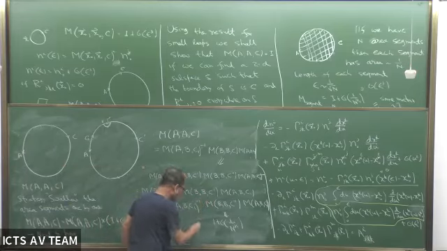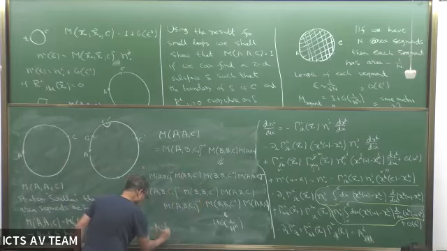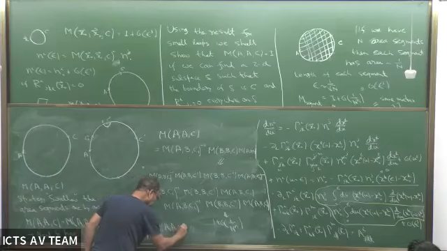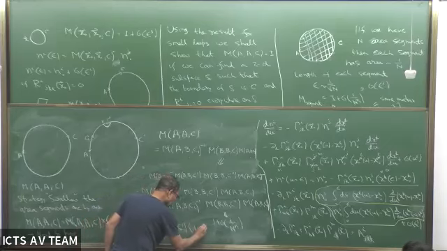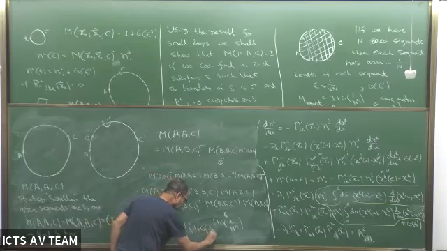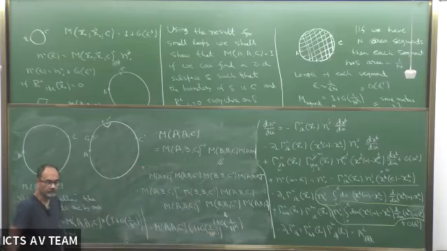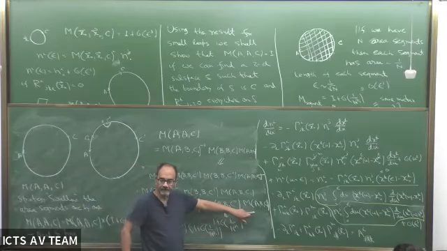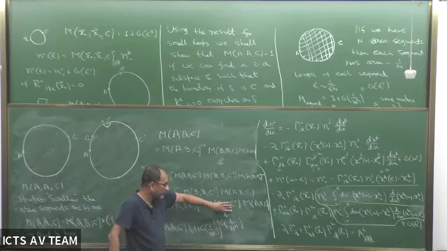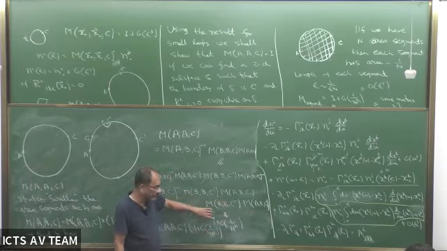The loop is C prime. So this is M A C prime times 1 plus order 1 over n to the 3 half. The crucial point is that even though there are finite matrices over here, it conjugates a matrix close to identity, and when it conjugates a matrix close to identity, it remains a matrix close to identity. The fact that there are these finite matrices doesn't matter.